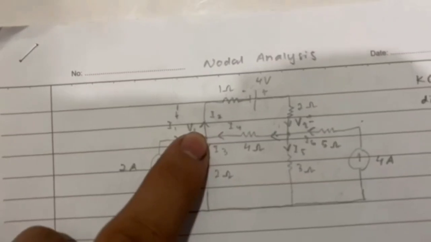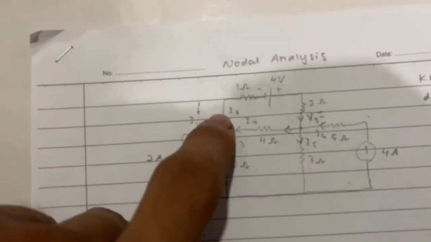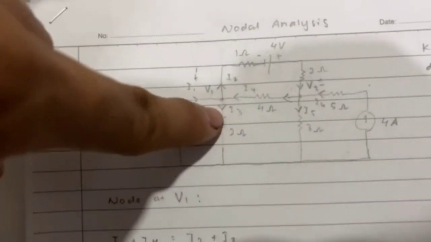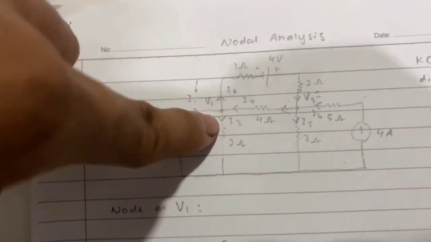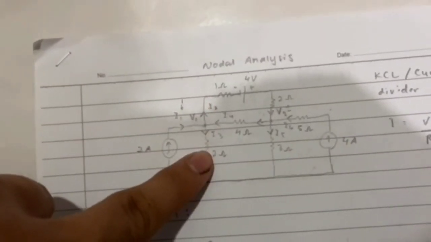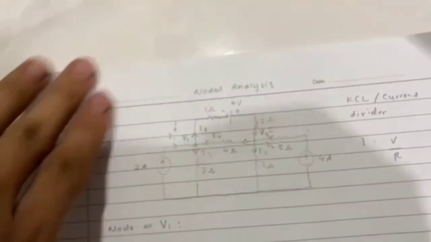We have a current exiting the node V1 to the resistors and the power source, and also a current that goes to the 2 ohm resistor. We label them as I2 and I3, which are exiting the node V1. Okay, we got all the information on where the current goes in and out.